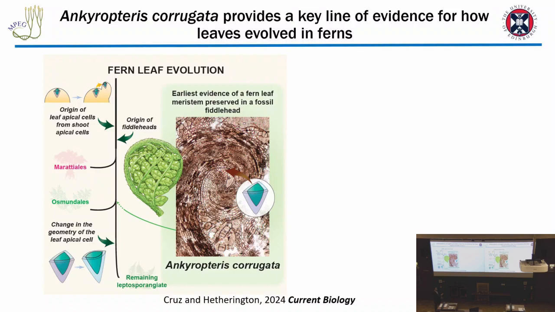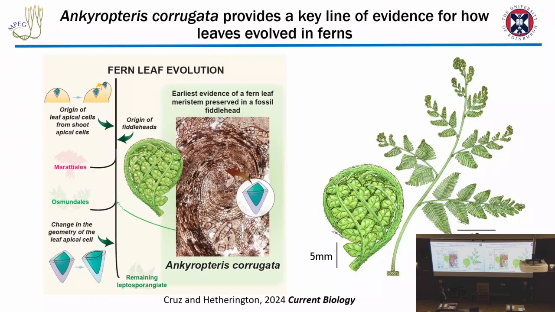Only two of the living lineages today, and our amazing fossil fern Anchiopteris. And then much later in evolution, do we get this switch to the wedge-shaped cell. And then working with a brilliant botanical artist as well, we brought this fern back to life to picture what it would have looked like. And so this just really goes to demonstrate how using new technology on ancient fossils can begin to really give us new insights that weren't there before.